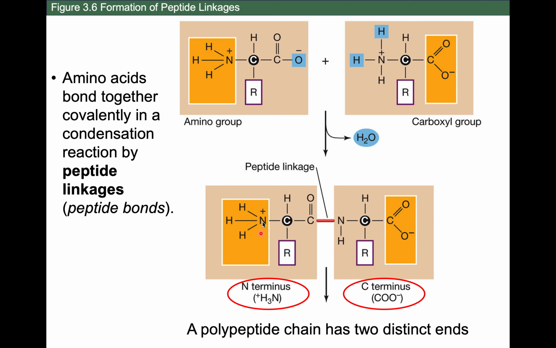So at one end you have that amino group, so it's called the amino or the N terminus of the protein, and then at the other end you have the carboxyl group, so C terminus. You might be thinking, wait, that's not a carboxyl group, it doesn't have the OH. Well, we lost the H here in that aqueous environment, but it is still considered a carboxyl group there.